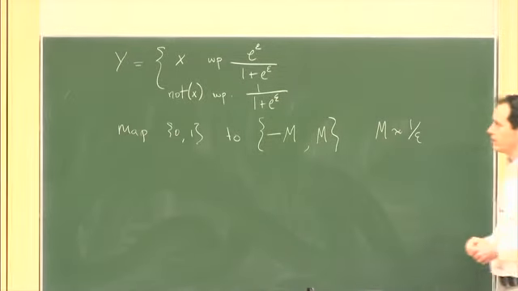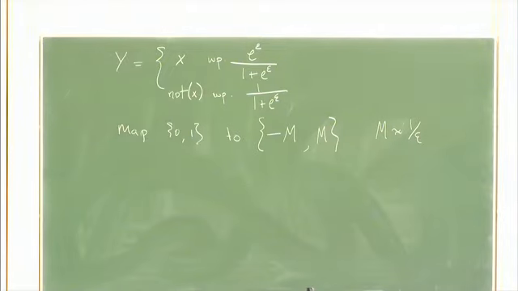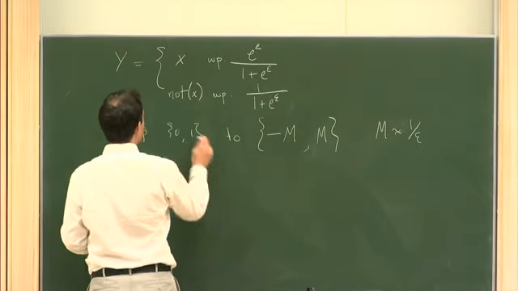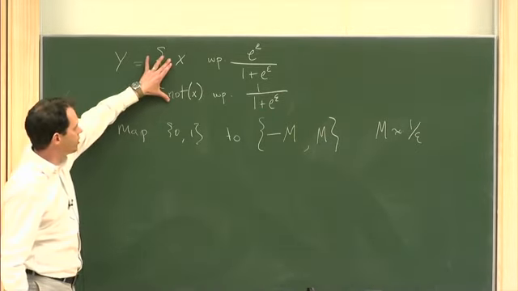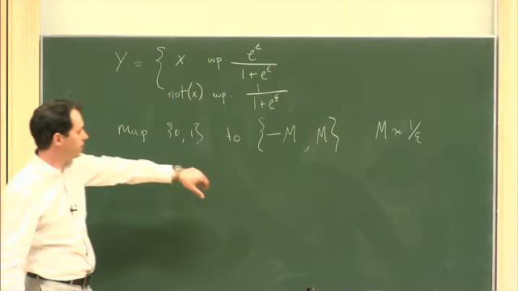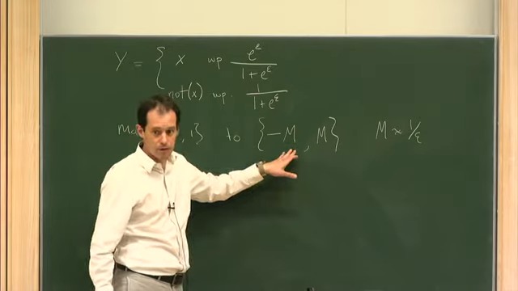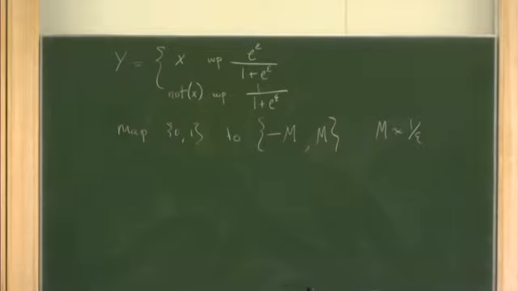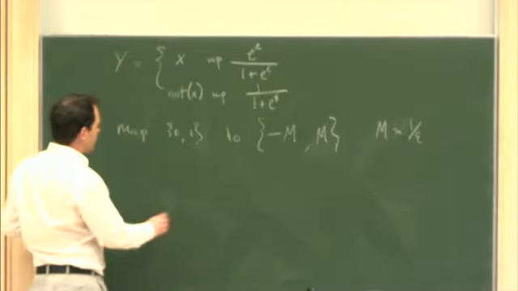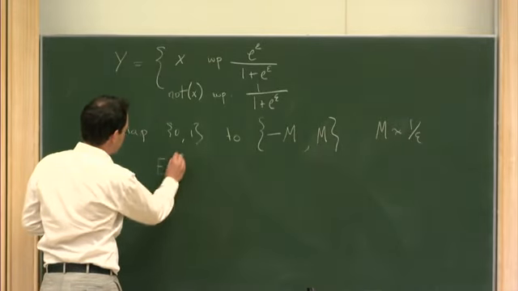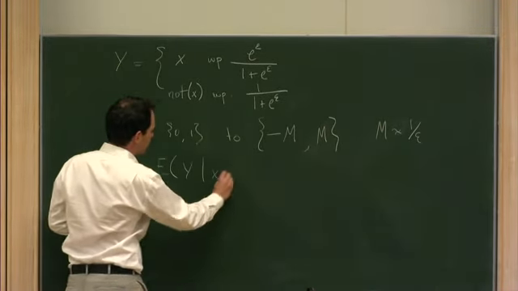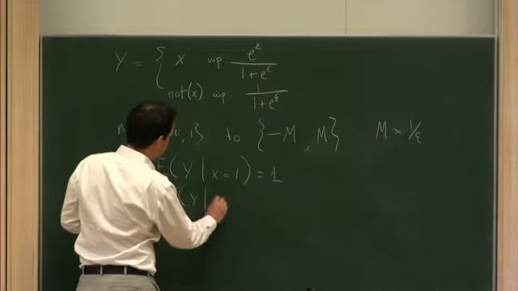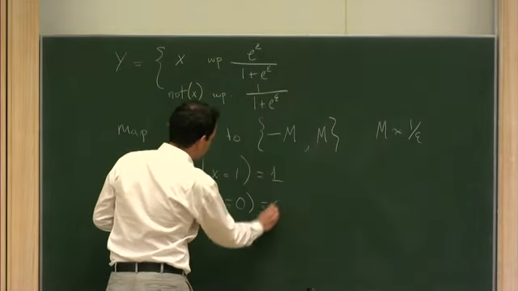You can figure out exactly what it's supposed to be from these probabilities. So rather than interpreting the result as yes and no, interpret it as plus m or minus m, where m is a fixed quantity, about 1 over epsilon. Then you can set it up so that the expectation of y, given that the true answer is 1, really is 1, and the expectation of y, given that the true answer is 0, really is 0.